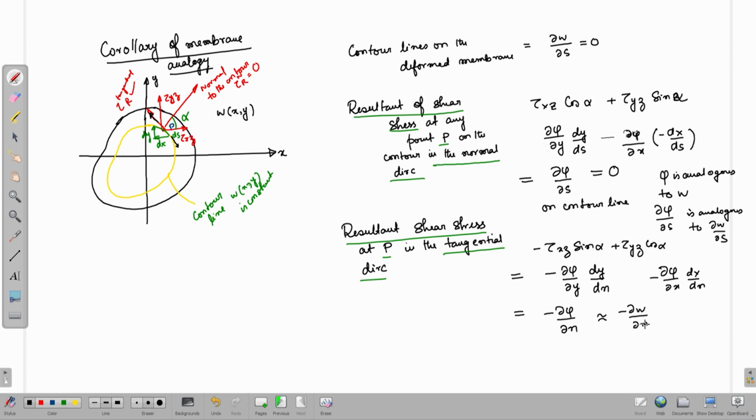Therefore, the resultant of the shear stress at that point is 0 in the normal direction, it is only there in the tangential direction, and in the tangential direction it is equal to the slope of the deformed membrane at that point. This del w by del n is nothing but the slope of the deformed membrane.